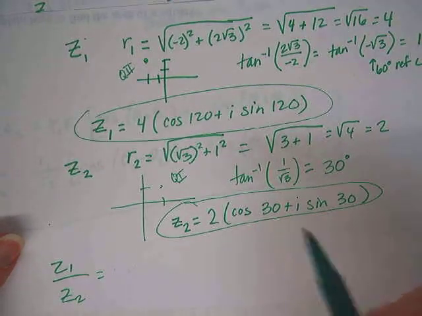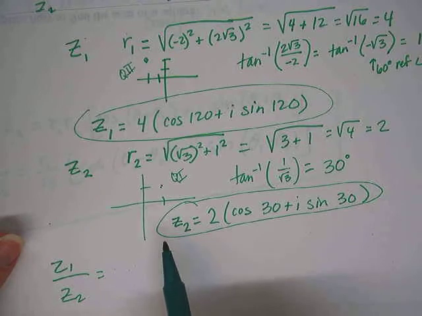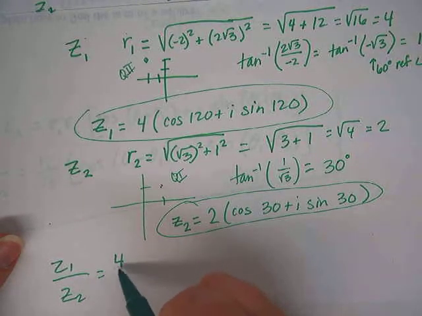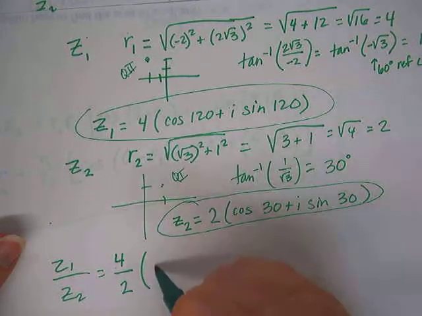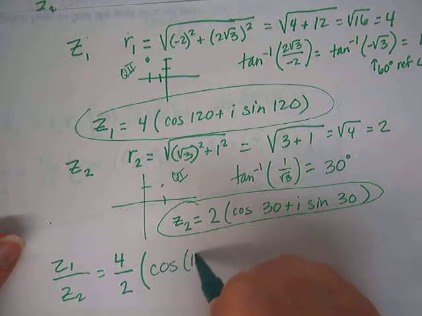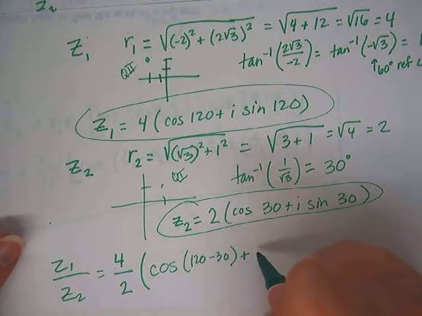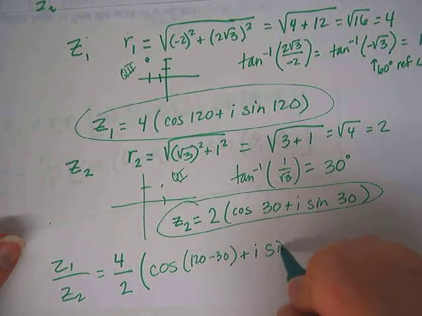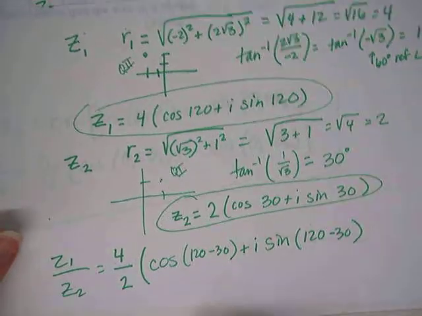Alright, now that we've found them in trig form, we now use the formula, which says if we're doing z1 divided by z2, we take r1 divided by r2, right? So what's r1? 4. What's r2? 2.